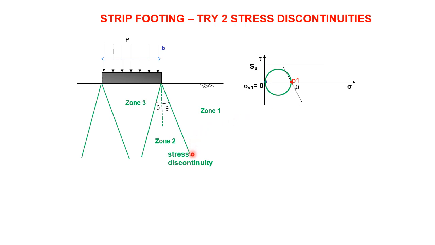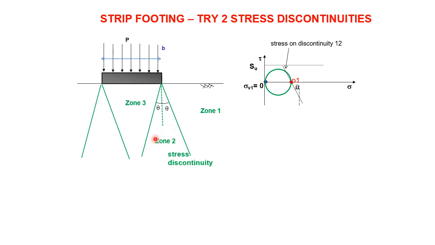Now I need the stresses on this discontinuity. Remember, the next thing to do is to get the stresses on the next discontinuity, which is there. So from the pole, we draw a line parallel to that discontinuity, and where it crosses a Mohr circle, that must be the stresses on that discontinuity, discontinuity 1, 2. The stresses on that discontinuity must be the same whether I consider zone 1 or zone 2.